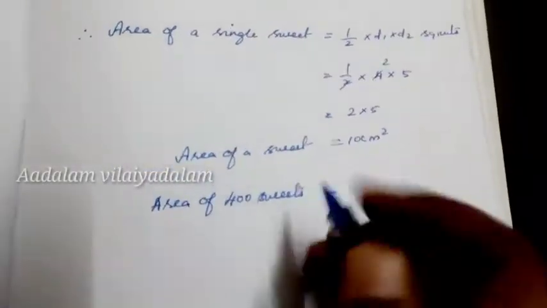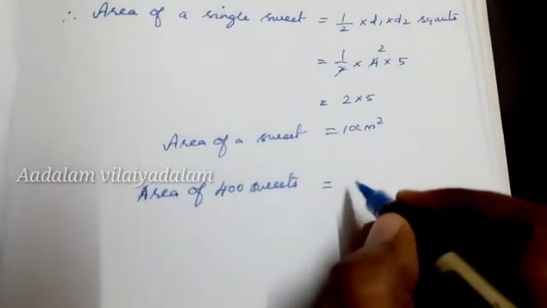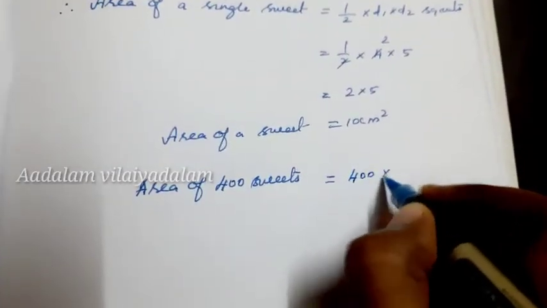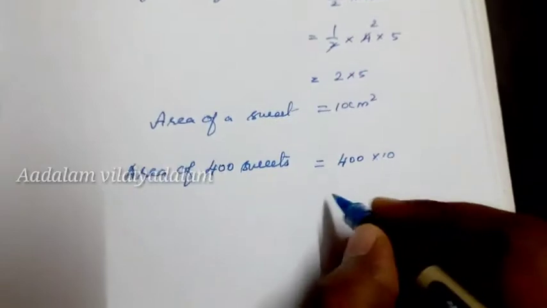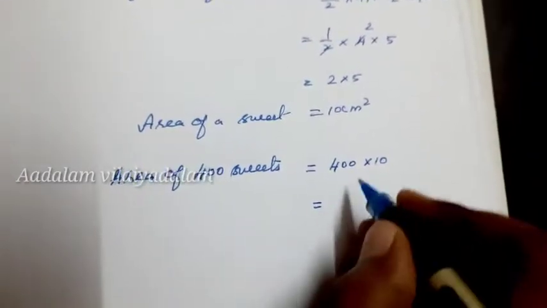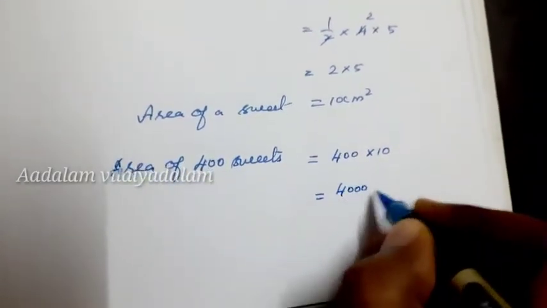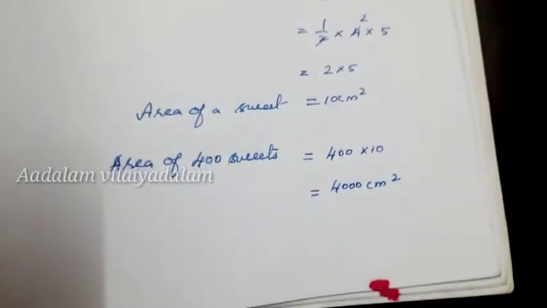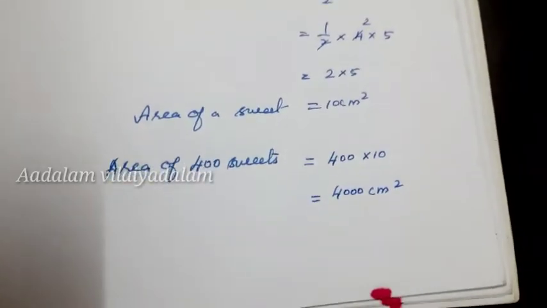So we can write area of 400 sweets. Therefore 400 into 10. If we multiply, then we get 4000 centimeter square.